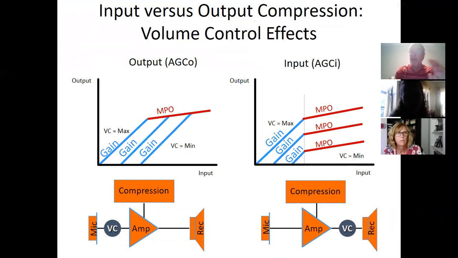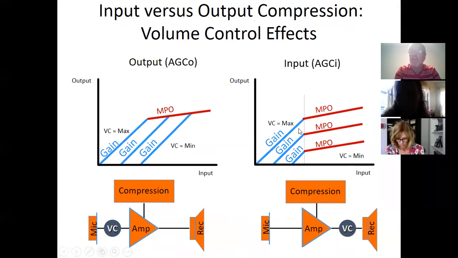You'll see a bunch of lines here. But what I want you to notice is this. When they used to talk about output compression, the volume control, the thing you're turning, look what it changed: the gain. It didn't change the MPO.